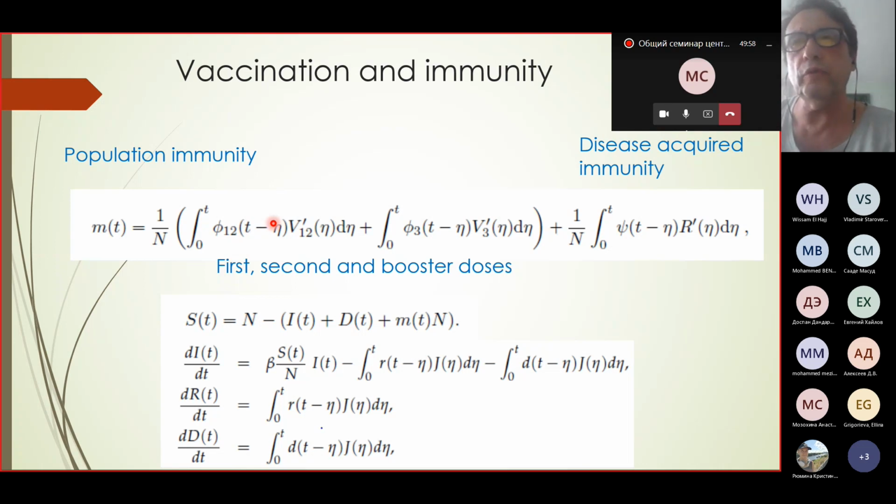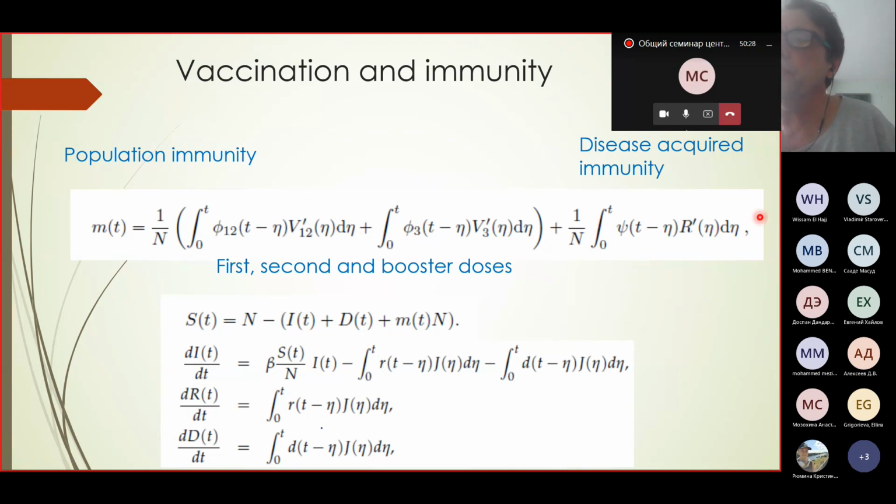Also, we take this kernel from the literature, and this integral involves V prime, the vaccination rate, and phi, the immunity kernel. This integral gives us the immunity in the population due to vaccination. Again, let us skip all these complications with different doses of vaccination, not important now.